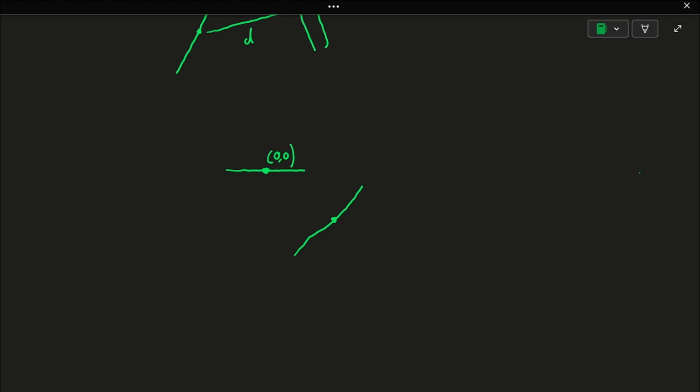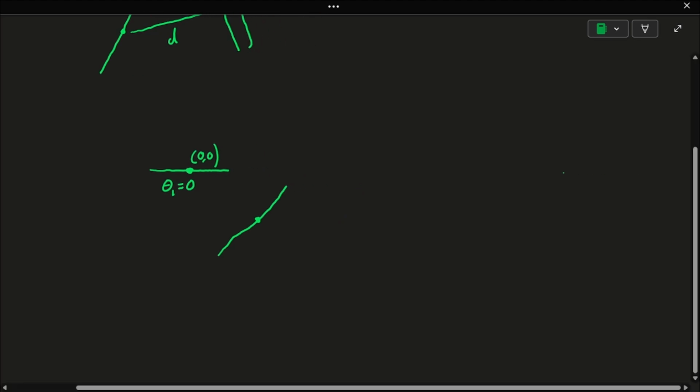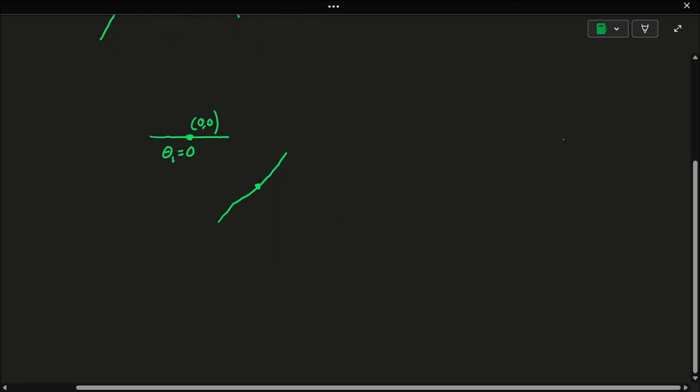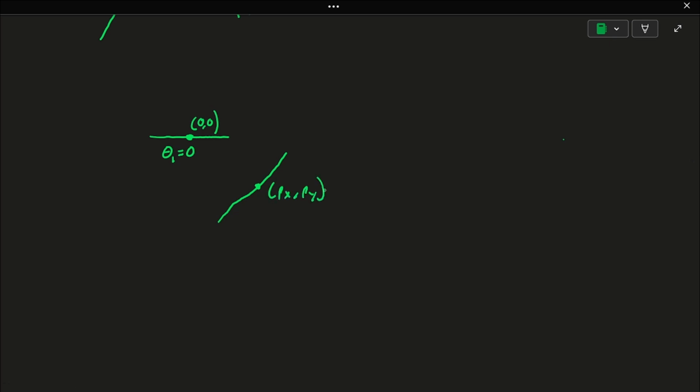And we know that its angle, theta 1, equals 0. Now, the second needle, we can say, has coordinates px, py, and we know that 0 is going to be less than or equal to theta, which is going to be less than or equal to pi radians. And now what we've done is we've narrowed it down so we just have to track the position and angle of one of these needles, which simplifies the problem significantly.